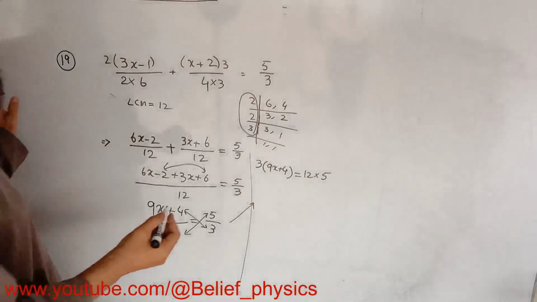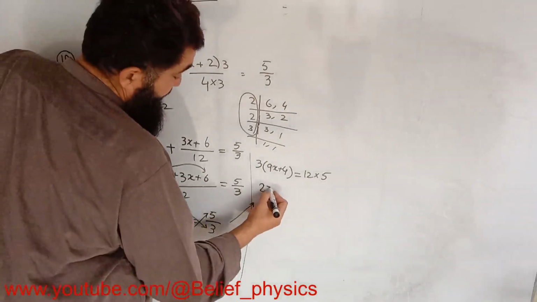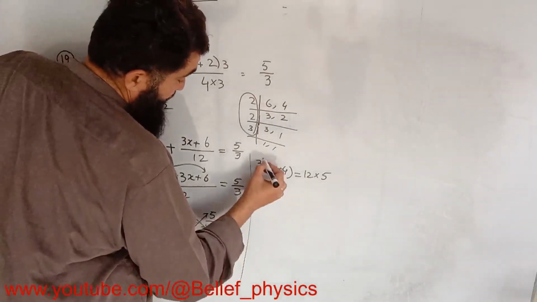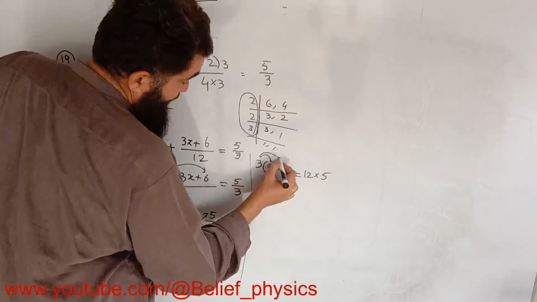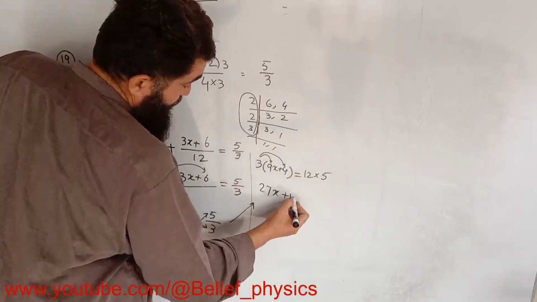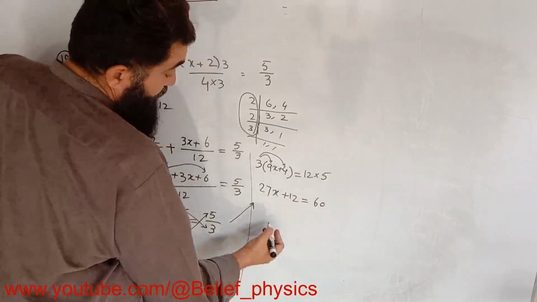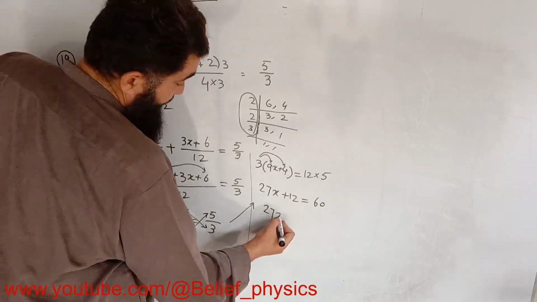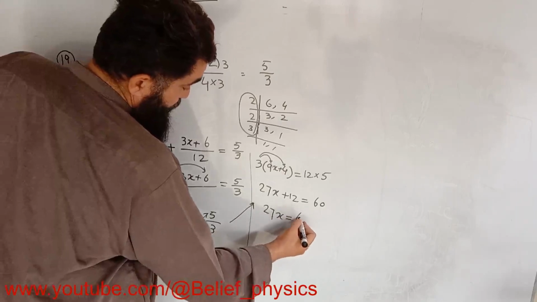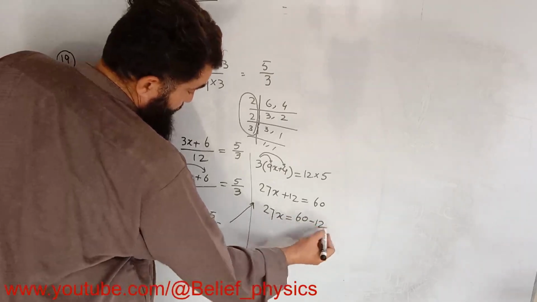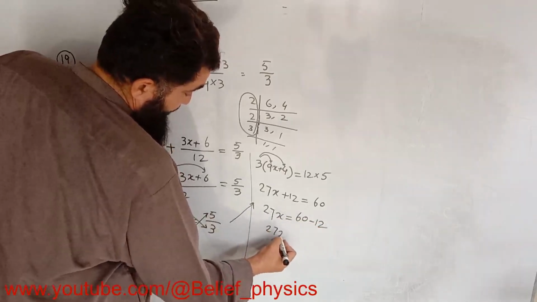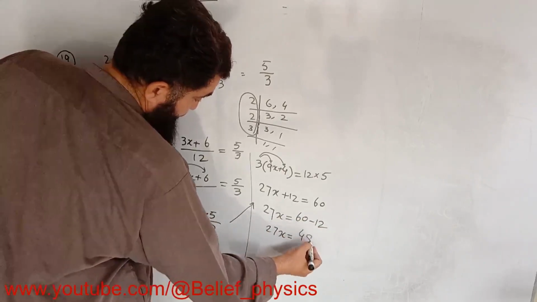Our equation is reduced to 27x, since 3 nines are 27, plus 3 fours are 12, is equal to 12 fives are 60. So 27x is equal to 60 minus 12, which is 48.